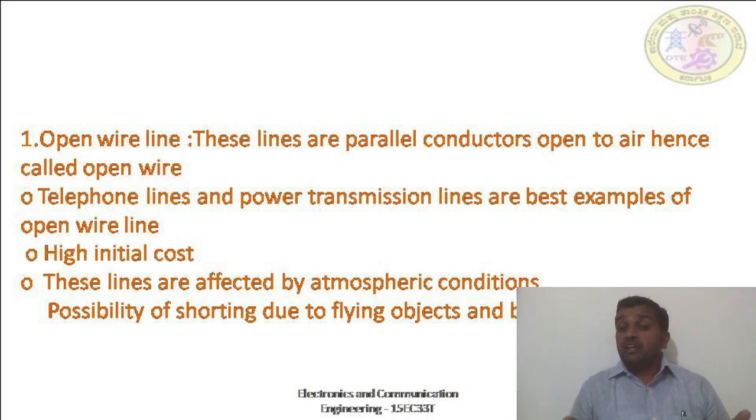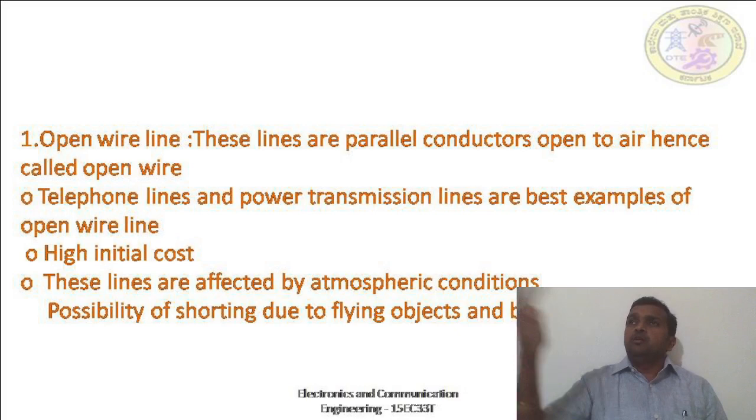These lines are affected by atmospheric conditions. Sometimes if it rains or thunders, they will be affected. Possibly shorting can occur, because there will be a lot of flying objects like kids flying kites and birds flying. Due to that, a shorting effect can happen. Comparatively, these are cheaper and can be easily constructed.